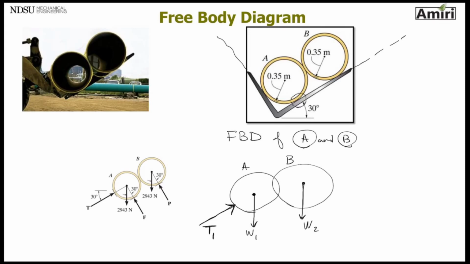I have another point of contact here, again perpendicular to that surface. So call it F, I'm going to call it F2. And I have another point of contact there. I'm going to put my next force of P over there. Each of these are 90 degrees perpendicular to that surface that they are in contact with. Okay.